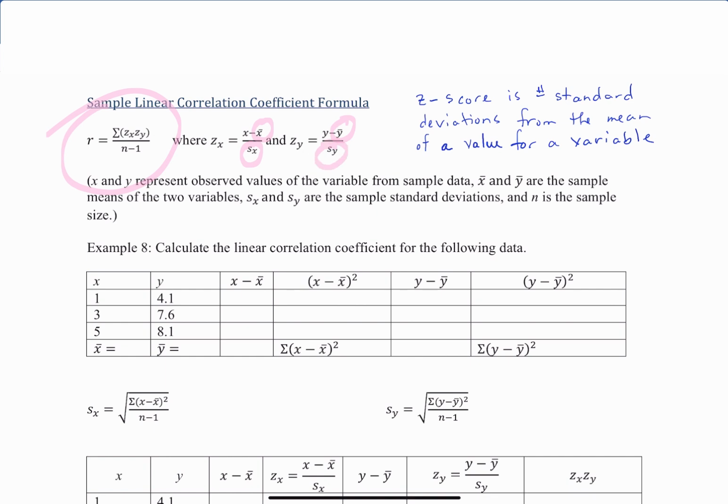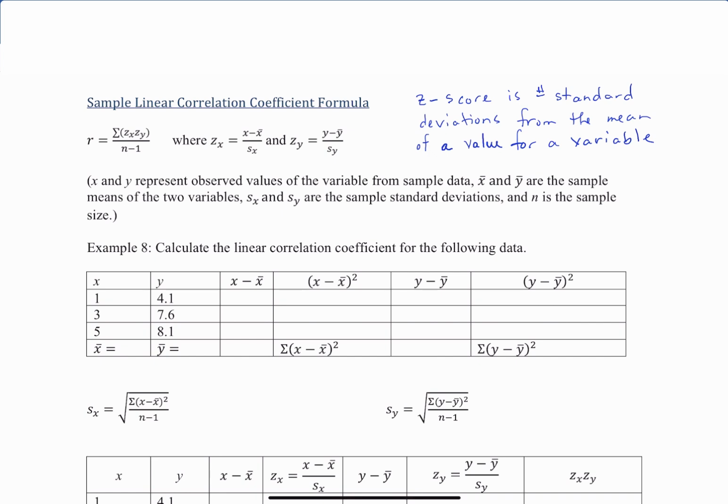And I think this is kind of a good review of computing these and what they are and how they work. So to start off with, I've set up the type of table that we used in the past for computing standard deviation. So we'll fill that in. I didn't put the formula in for the averages because I'm hoping that we all remember that you compute an average by adding up the numbers and then dividing by the number of numbers.